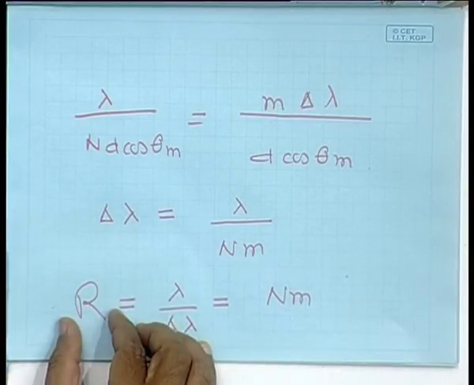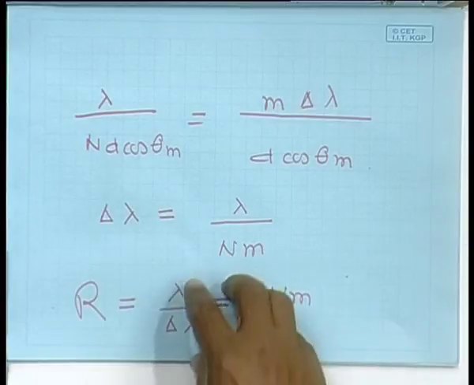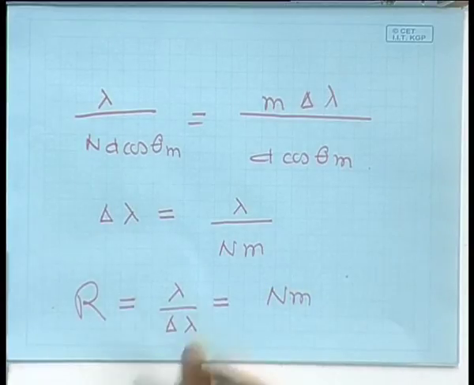The chromatic resolving power is essentially the inverse of the ratio of the separation that you can distinguish divided by the wavelength around which these two wavelengths are distributed.